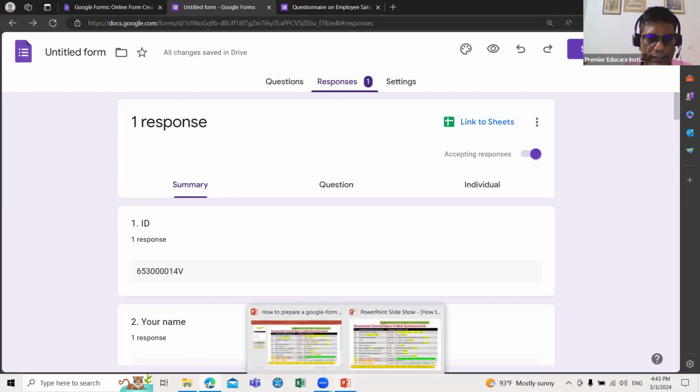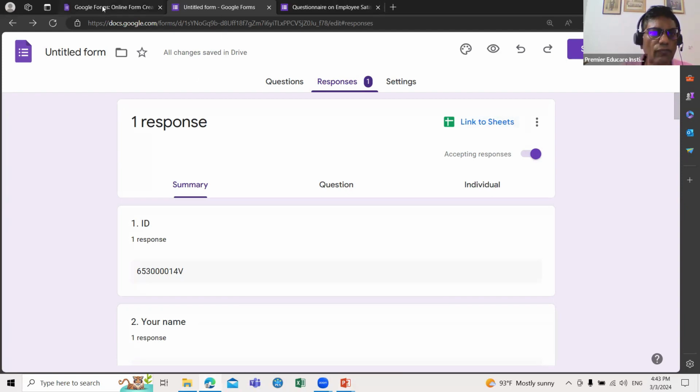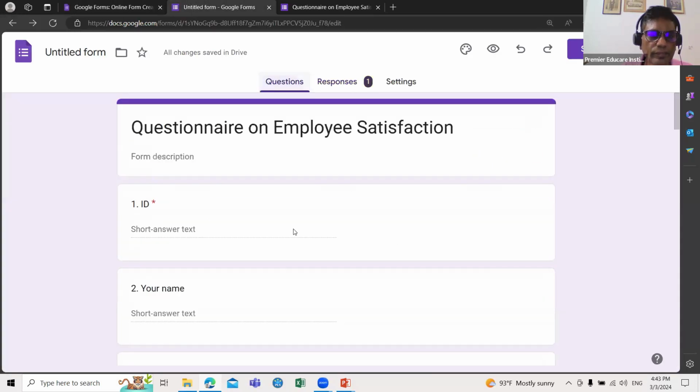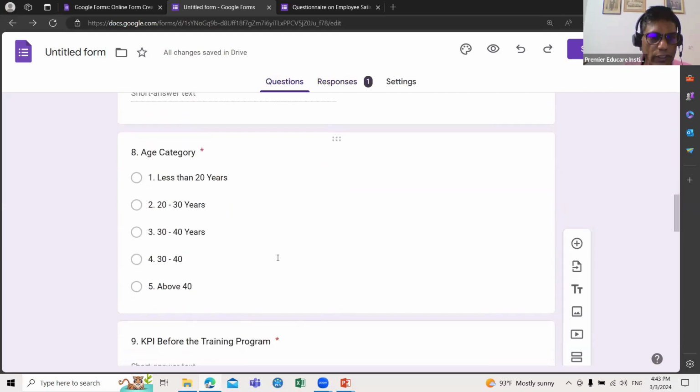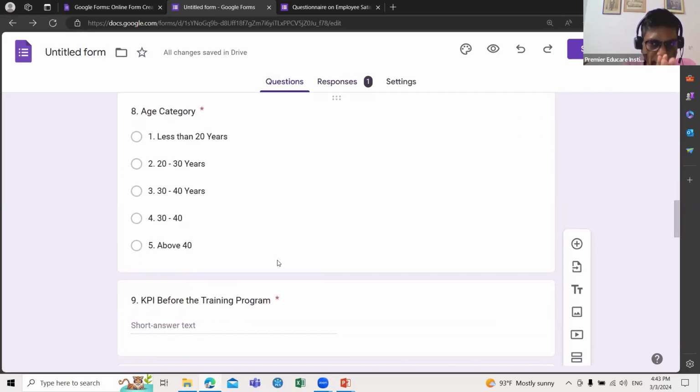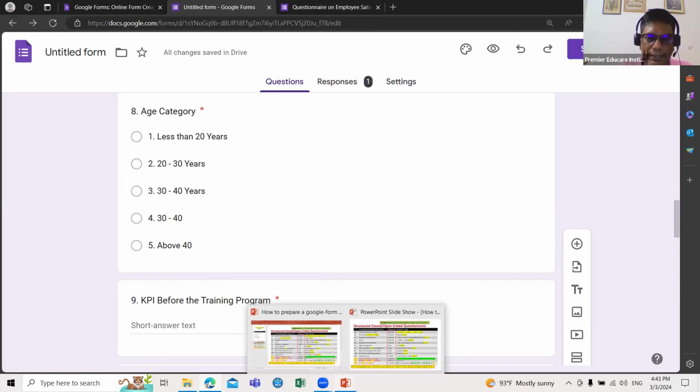So now you understand how to prepare this Google Form, right? The very important thing is, here we prepared several types of questions. Normally, whatever the degree, whatever the big questionnaires you are making, all the questions are coming like this, so you don't have to worry about that. Okay, so that's all about today's session.